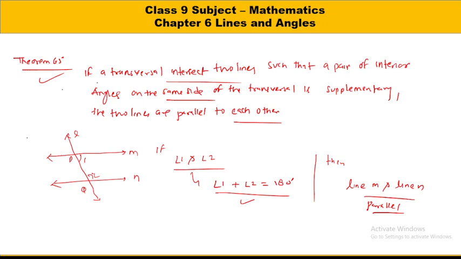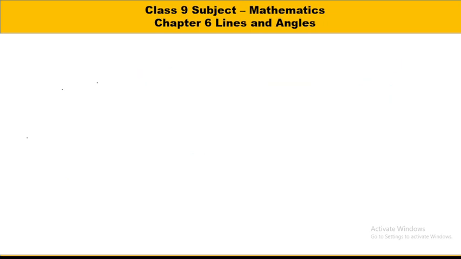Moving further in the chapter, let's discuss lines parallel to the same line. Here it is given that if two lines are parallel to the same line, will they be parallel to each other?